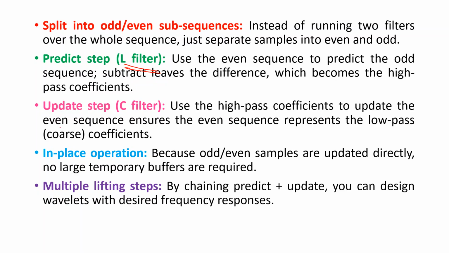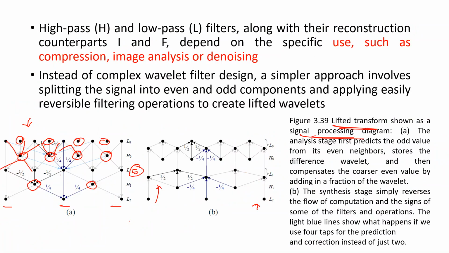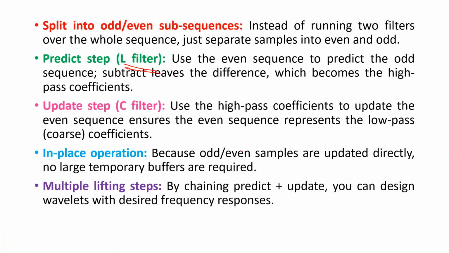Use the high pass coefficients to update the even sequences, ensuring that the even sequence represents the low pass coefficient. The result of the even would be L, right? It is low. And because odd and even samples are updated in place, no large temporary buffers are required. So it performs in-place operation, and no additional out-of-place operations happen.